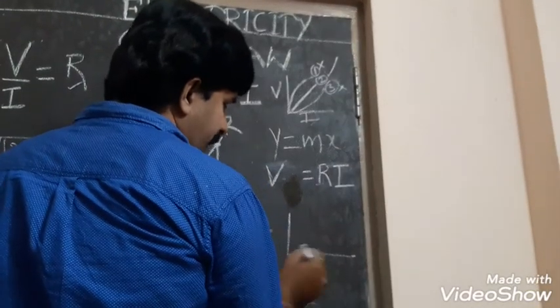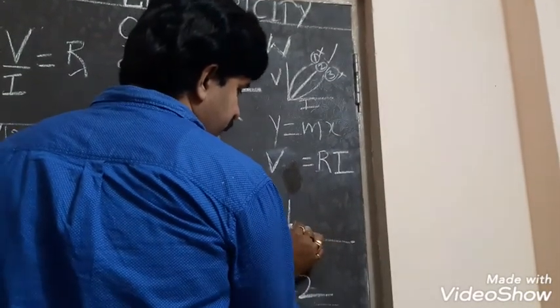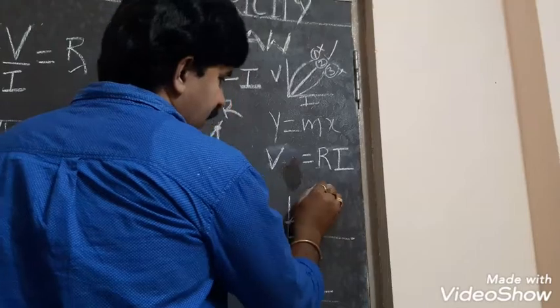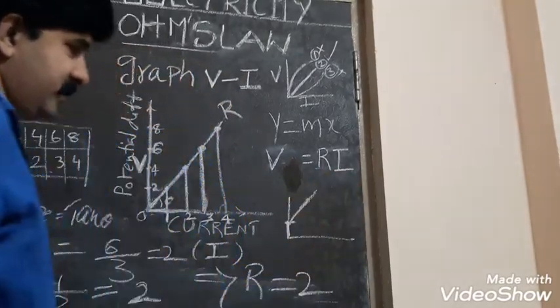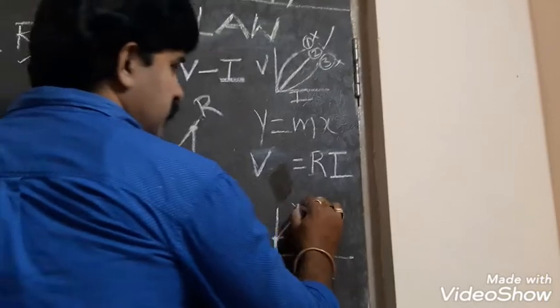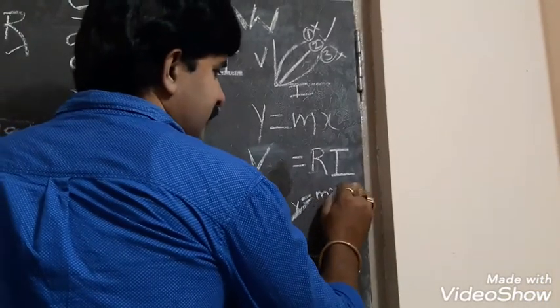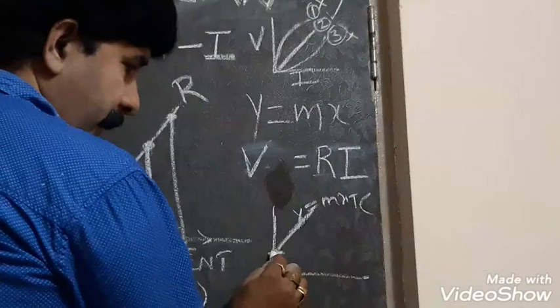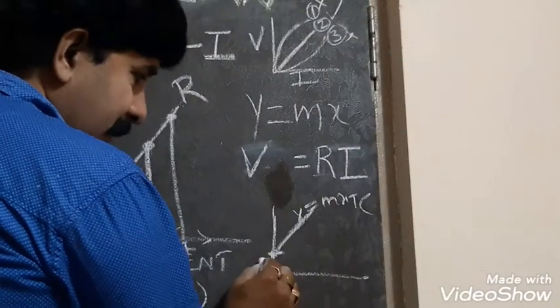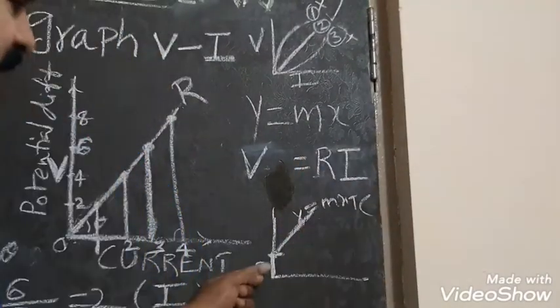If y is equal to mx plus c, the line will pass like this. This c is the y intercept. It is also a straight line, passing not through the origin but at a distance c from the origin.